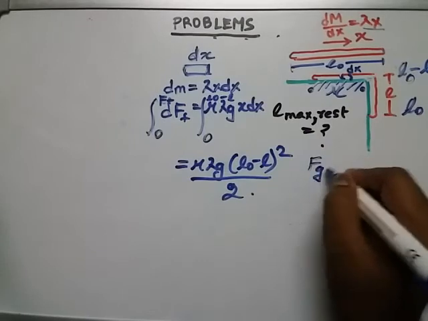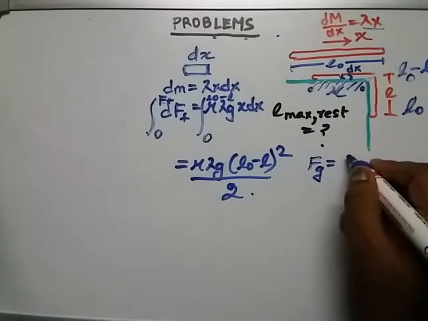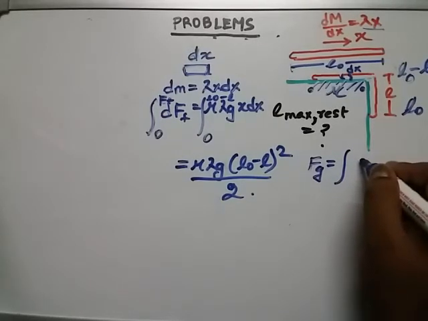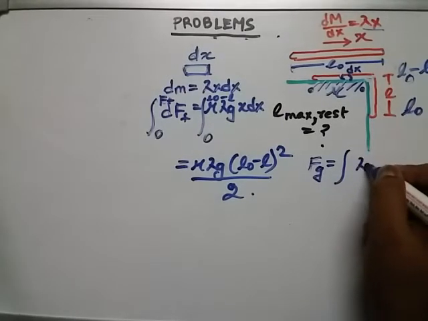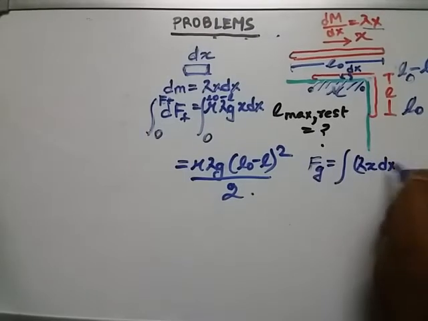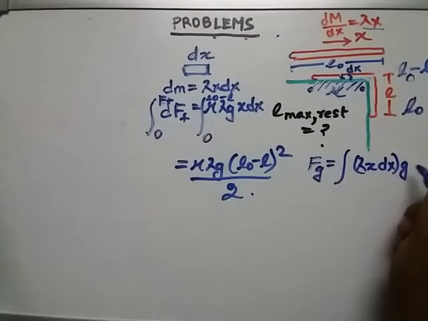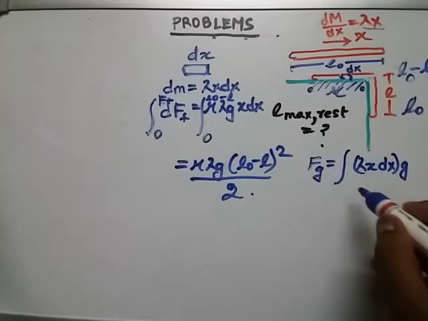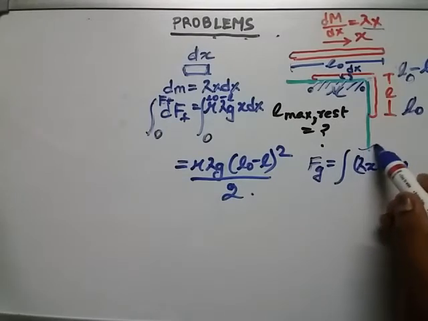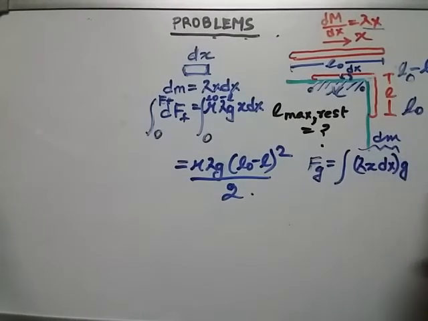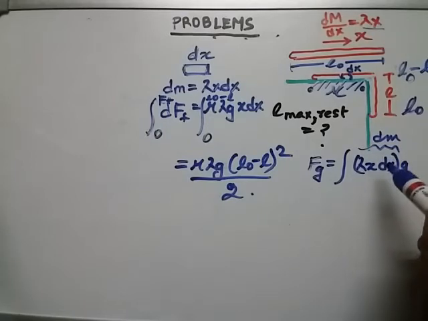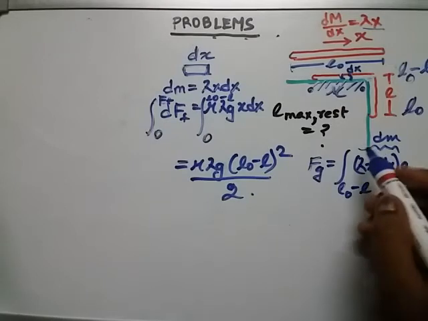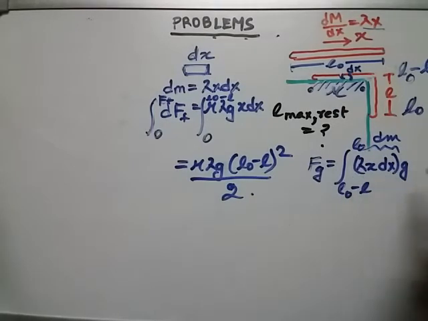F gravity is equal to the integration of mass, which is lambda x dx, into g. This is the dm and this is the g, so this entire thing is df, and when we integrate it from L0 minus L to L0, we get this.